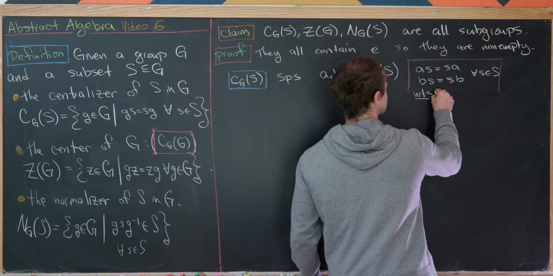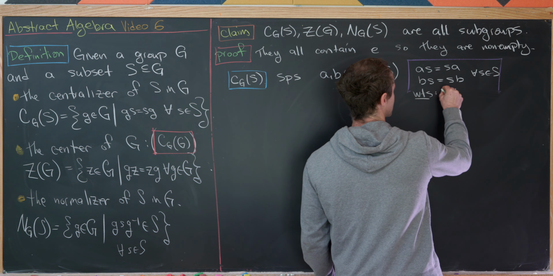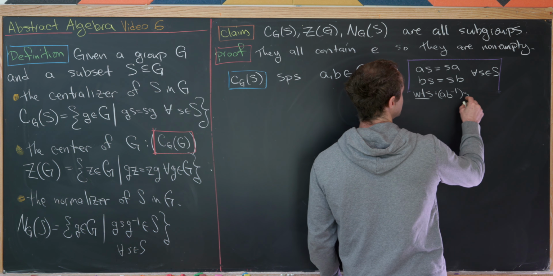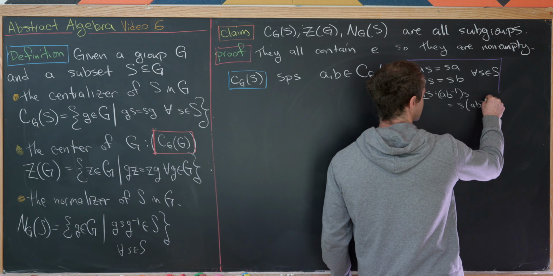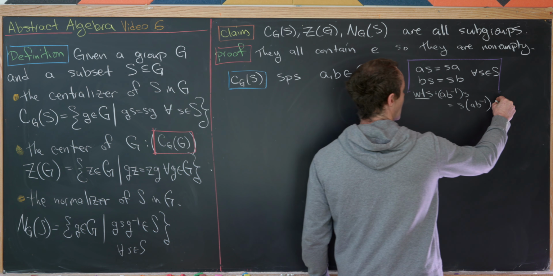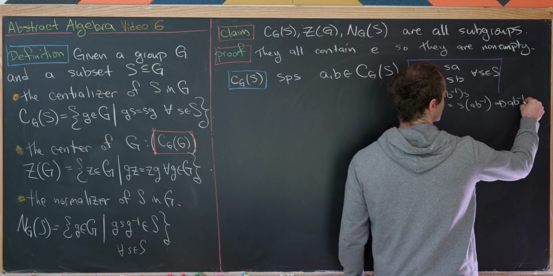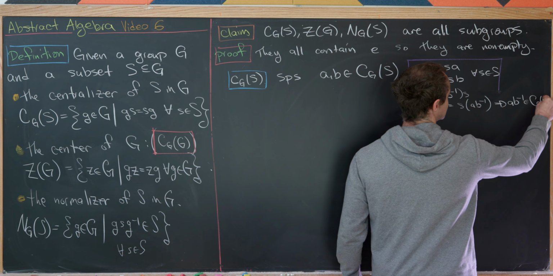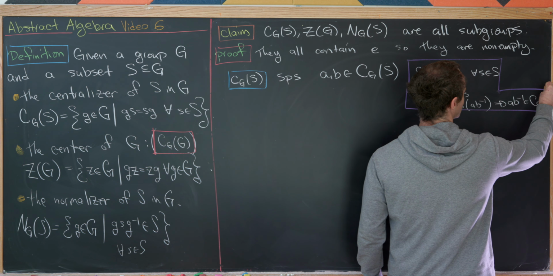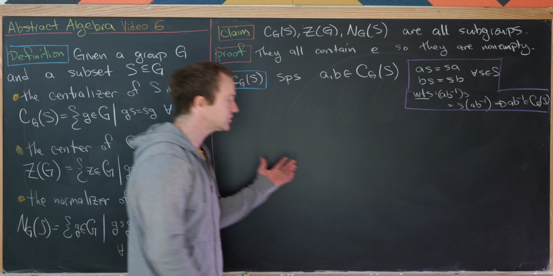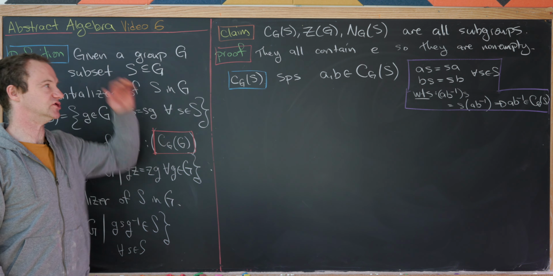So what we'd like to show is that little a times little b inverse times s is the same thing as s times little a times little b inverse. And why would we want to do that? Because that'll tell us that little a b inverse is in this centralizer. Remember that being commutative with everything from S is the entry fee to be inside of this centralizer. So that's why we'd want to do this.